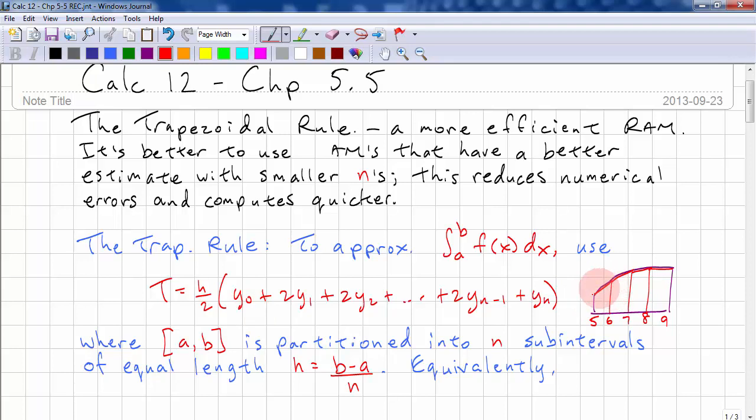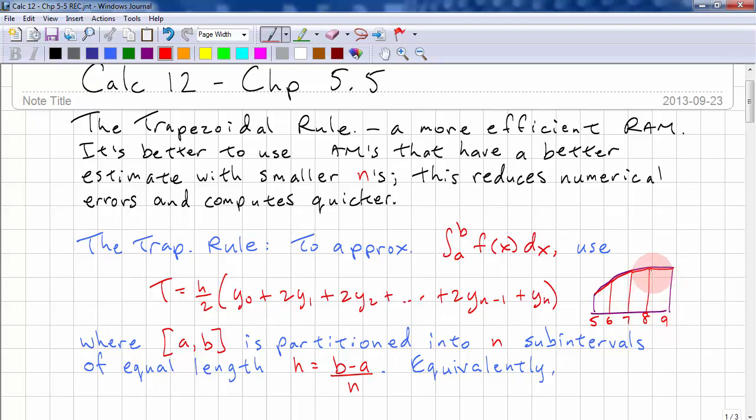And then for this first trapezoid, we use y1. And then for the second trapezoid, we use y1 and y2. So that's why we have 2y1. And then again, we have 2y2, 2y3.